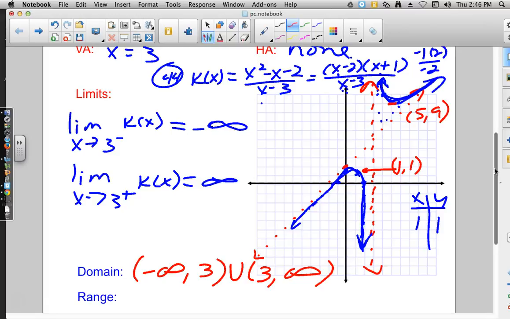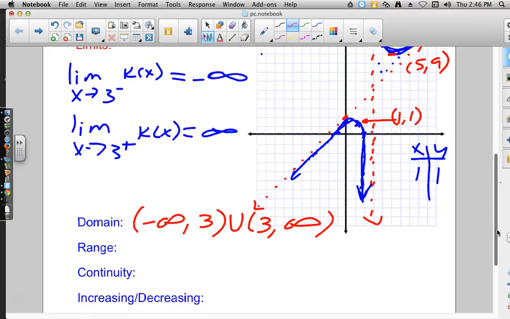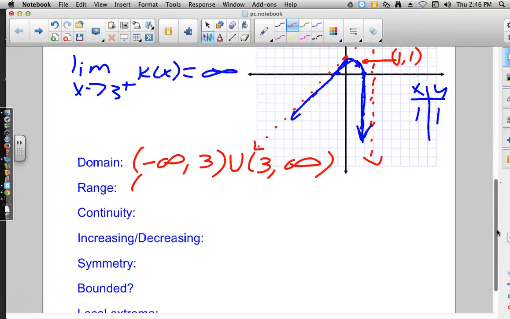So that means we're coming up from the bottom, we're using negative infinity to head upwards, but there's a cutoff at 1, and actually we can include 1, because we did have a point (1, 1) at that point. And then we can do the same thing with the 9 and go on to infinity for our range.